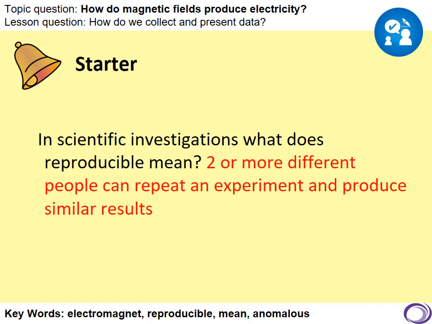So, reproducible means two or more different people can repeat an experiment and produce similar results.